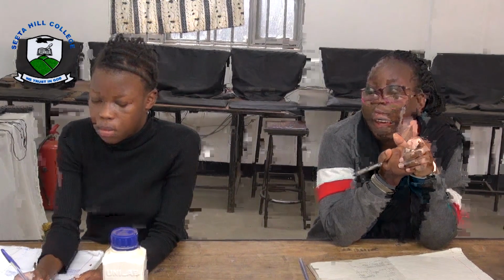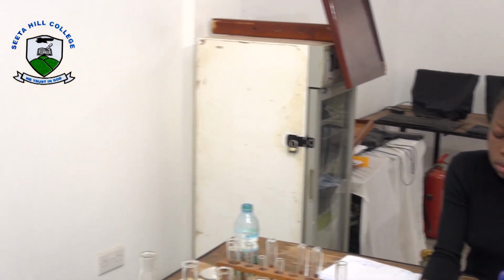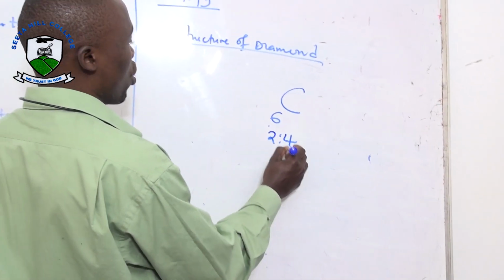How do you know the electrons? From the number of protons, and the number of protons equals the number of electrons in the whole atom of carbon. How many will be in the outer shell? The first shell has 2, so there will be 4, with the configuration of 2, 4. It has 4 electrons in the outer shell.